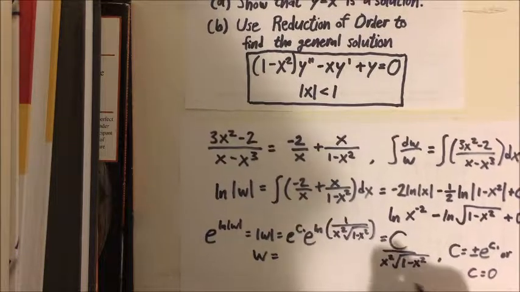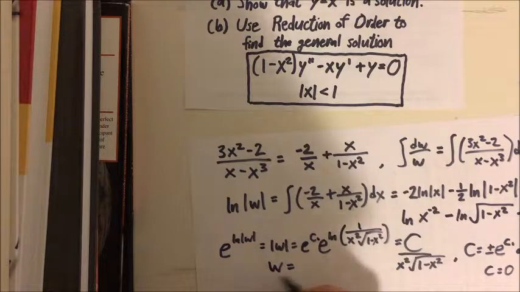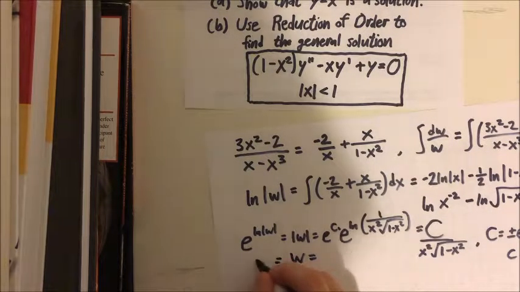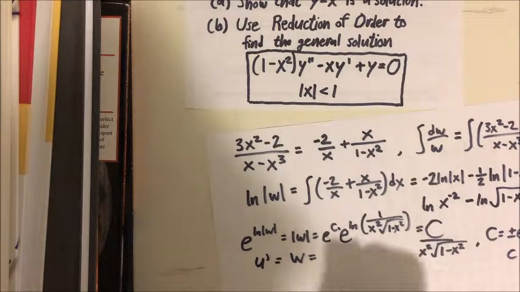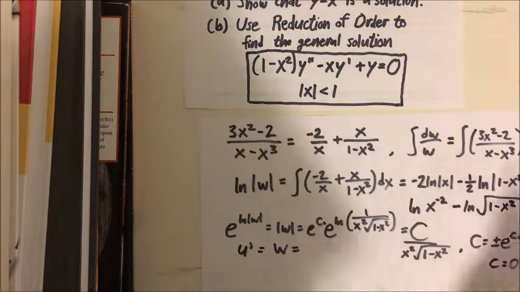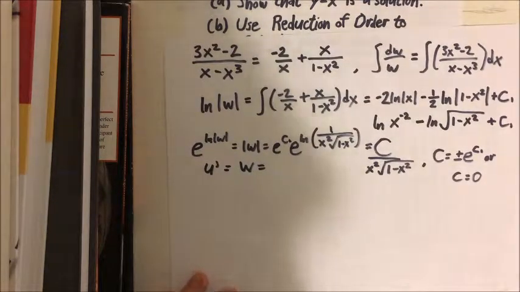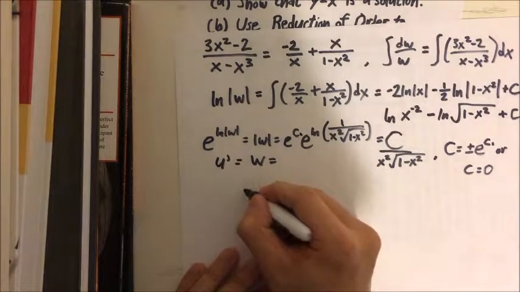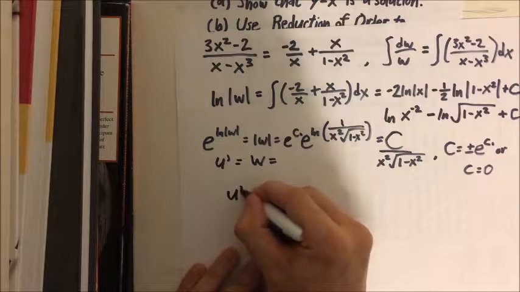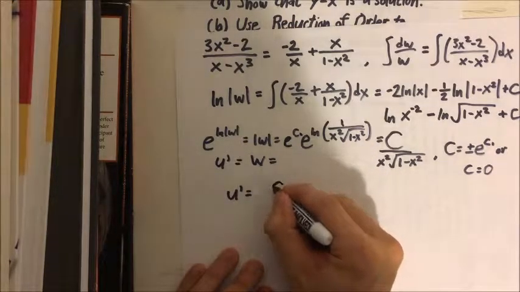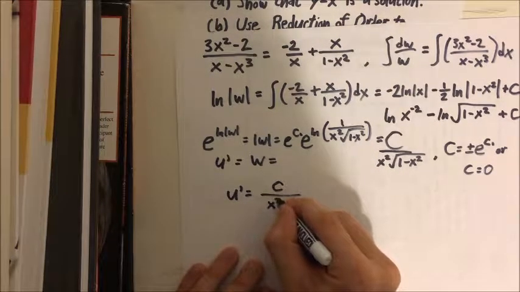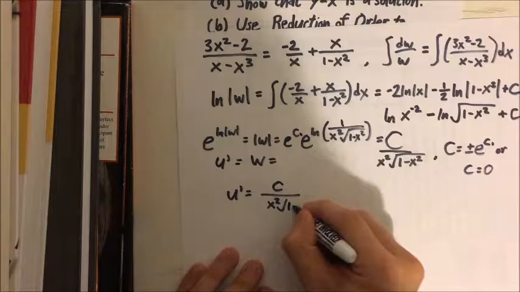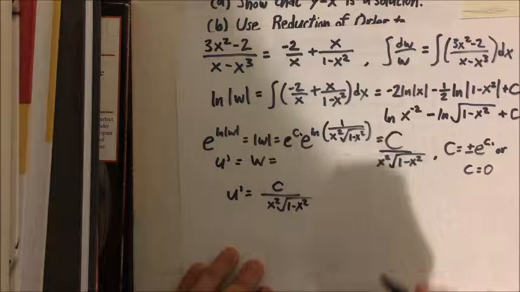So basically we have this now. We have w is equal to this, and we know that w is equal to u prime, so we're going to be taking the integral of this. So how are we going to take the integral of this? Well, we're going to need another technique. So u prime is equal to c over x squared times the square root of 1 minus x squared.